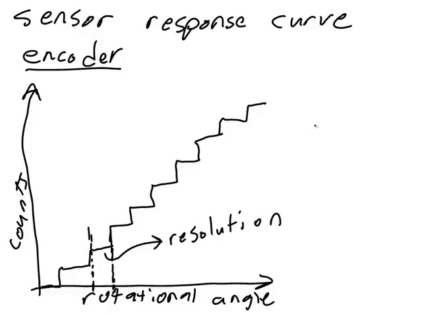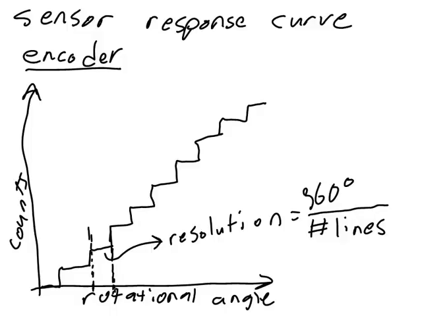For an encoder, we can calculate the resolution by taking the number of lines and dividing the complete angle of one rotation, 360 degrees, by the number of lines. That will tell us the smallest rotational angle that can be detected by the encoder. In other words, its resolution.